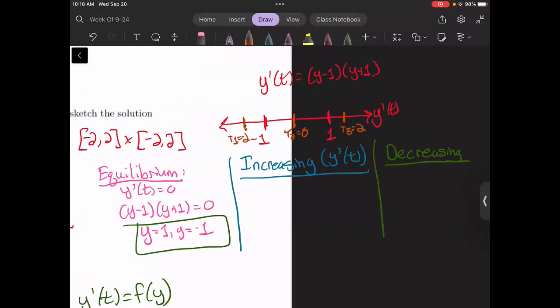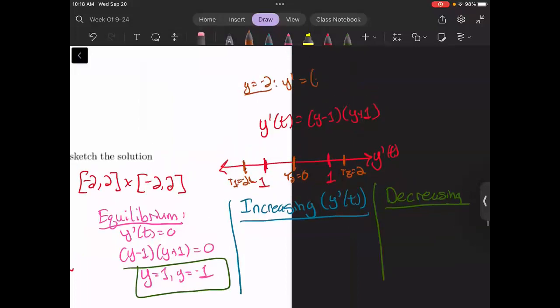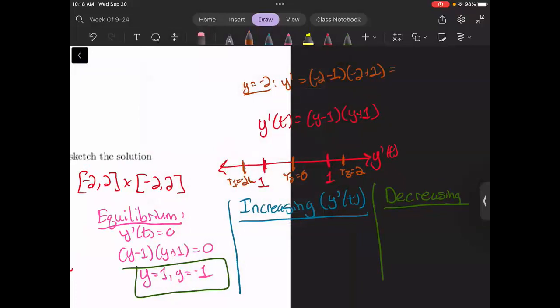If y is equal to -2, this would mean that y prime is equal to -2 minus 1 times -2 plus 1, which is -3 times -1.